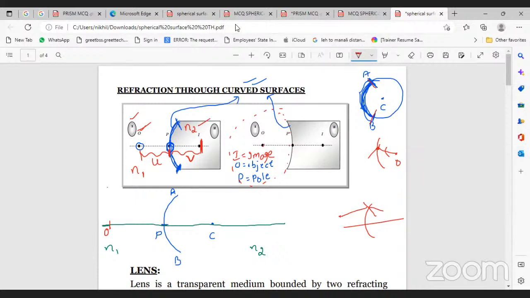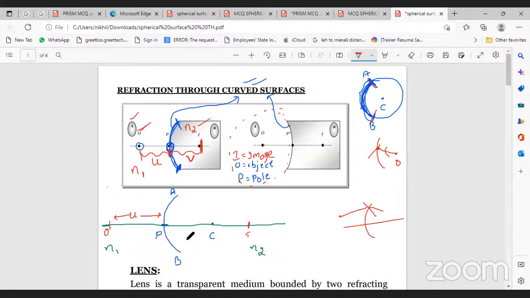The object. What is the pole to object distance called? U. From the pole to the image, if I say the image is formed somewhere here.